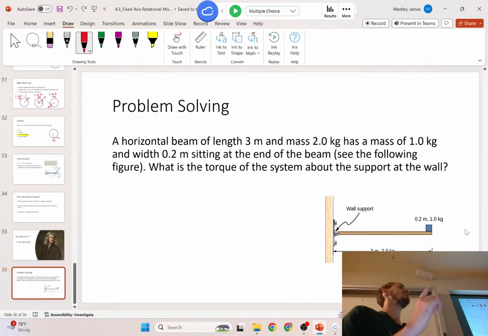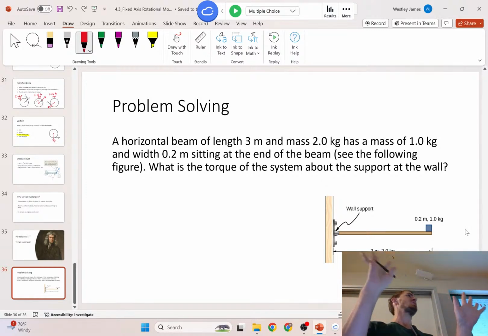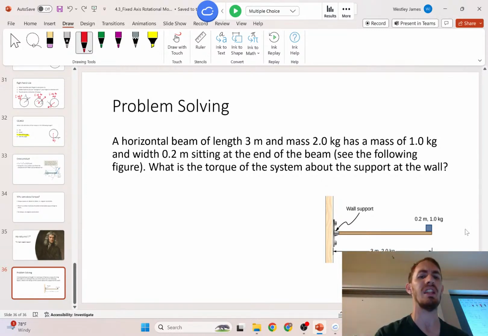The reason we need to know the center of mass is because we can approximate this beam. Its mass is distributed along the whole length. So we're trying to find torque. Let's just explore why I'm even mentioning the center of mass. You may be like, why is he saying this?